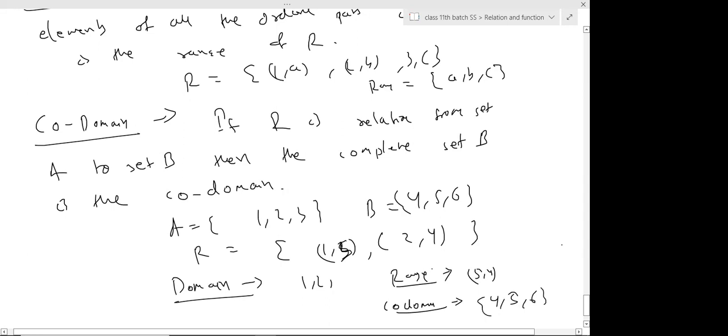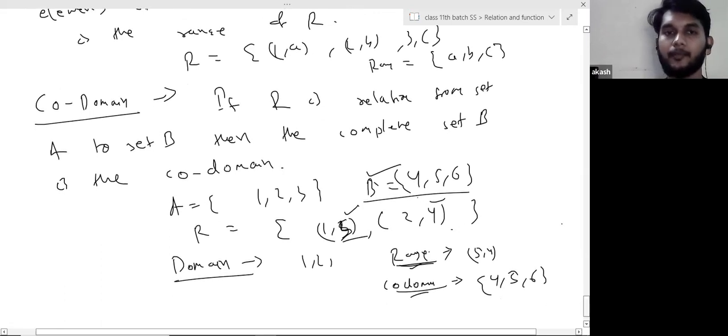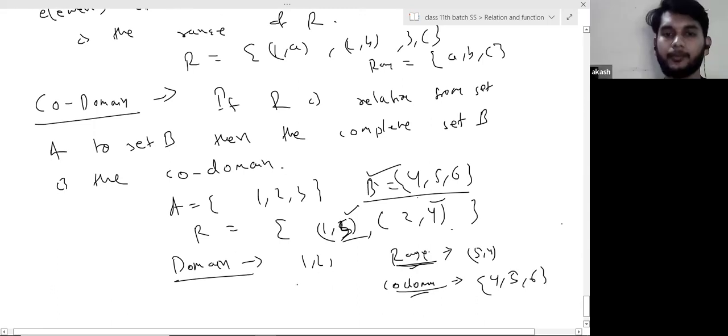All right. So you get the difference between range and codomain. Codomain, you don't have to think. Set B is the codomain. And range is all the elements that are the second elements of the ordered pairs. So there is a difference between range and codomain, so don't confuse them. Codomain is clear, Arnav? Yes, sir. All right. Note it down.